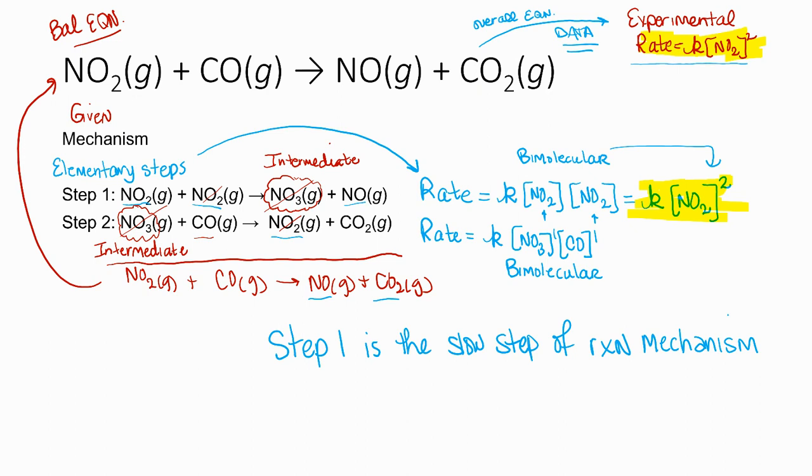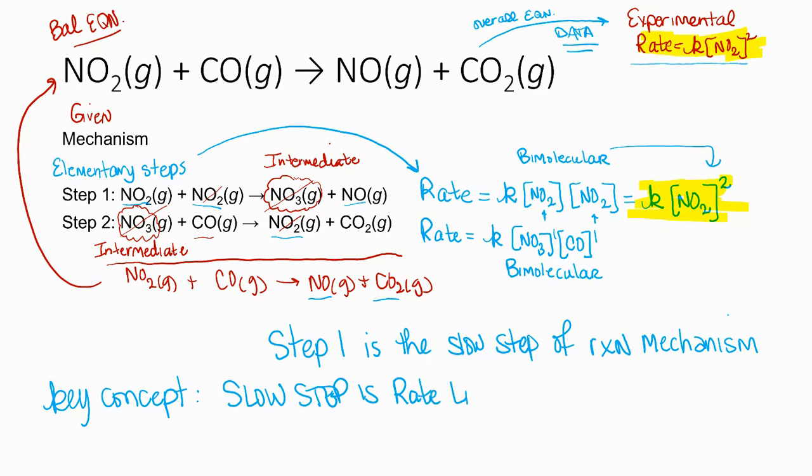So in this case, step 1 is slower than step 2. And the way that I know that is because step 1 matches the experimental rate law. So here's our key concept. The slow step is the rate limiting step.